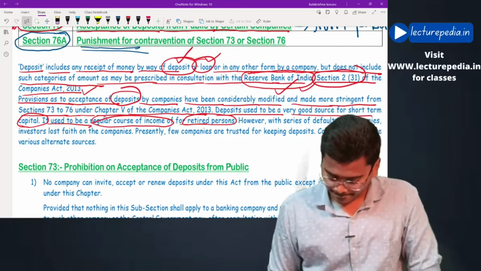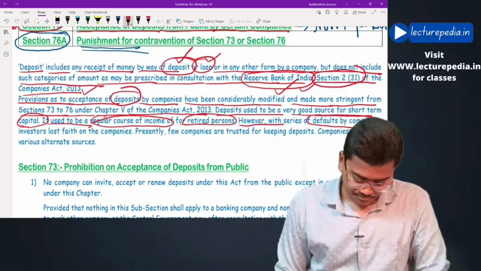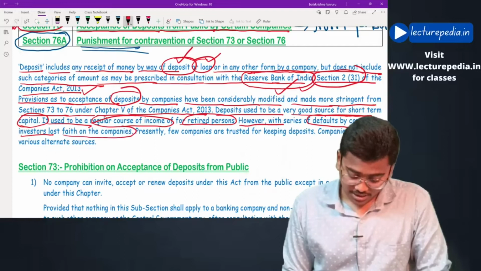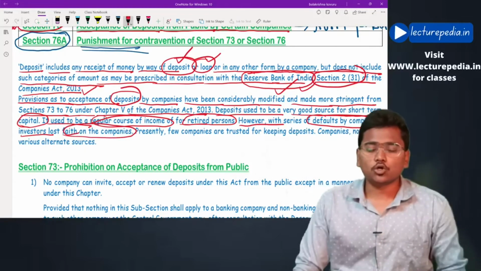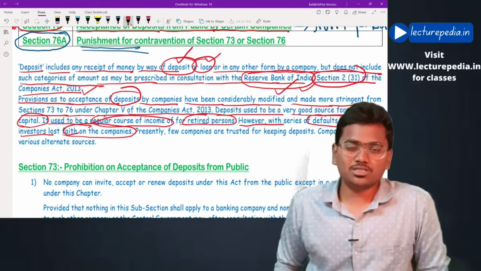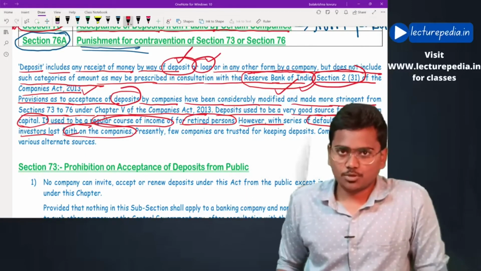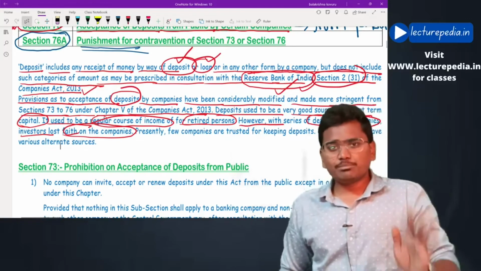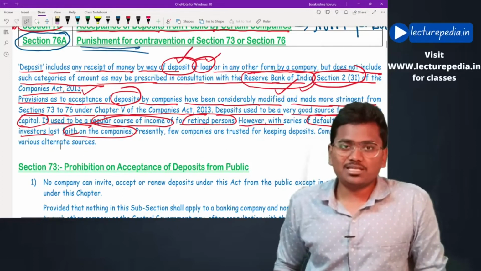However, with the series of defaults by companies, investors lost faith in the companies. Earlier the laws related to deposits from the public were not that stringent. Due to that, many companies used to raise deposits from the public and they were not repaying them.